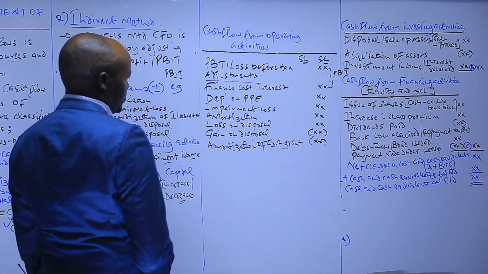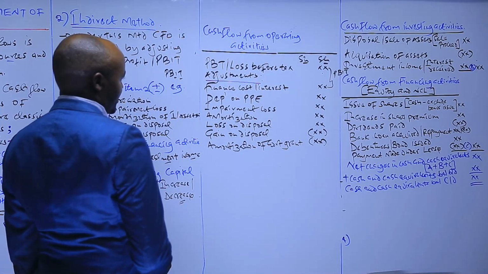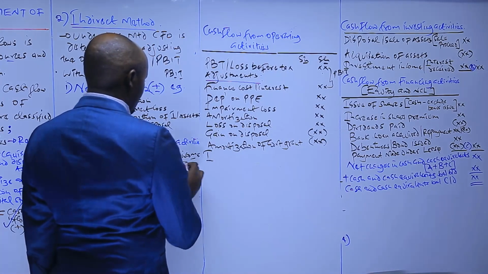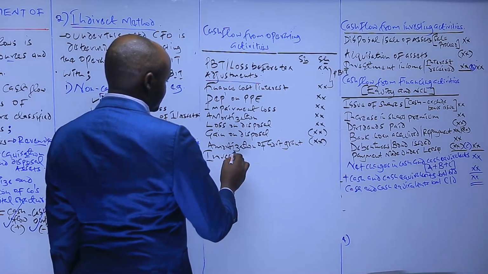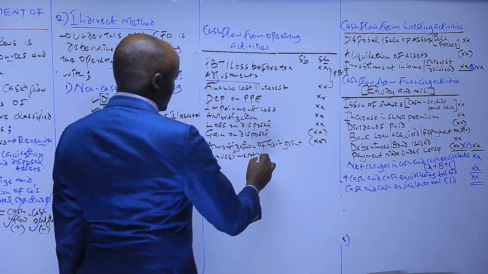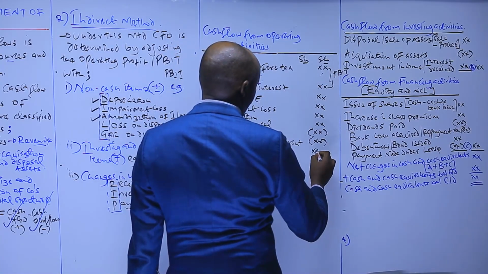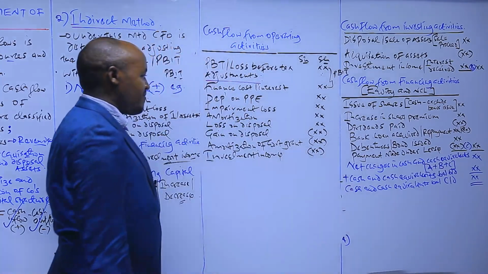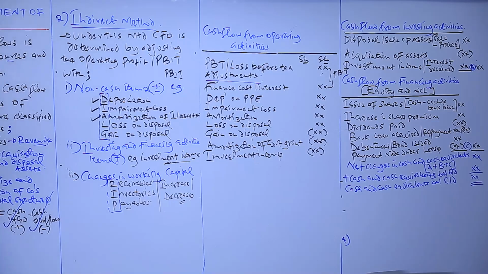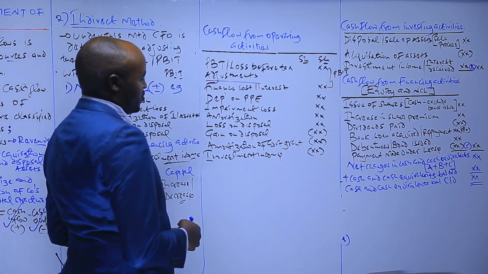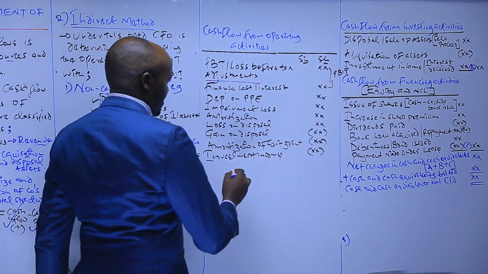So equally, you deduct it. Other items we may capture here is investment income. Investment income was added in arriving at our profit there, and because this is not an income from operating activities, you deduct it there. I think those are some of the items which you adjust in your profit.